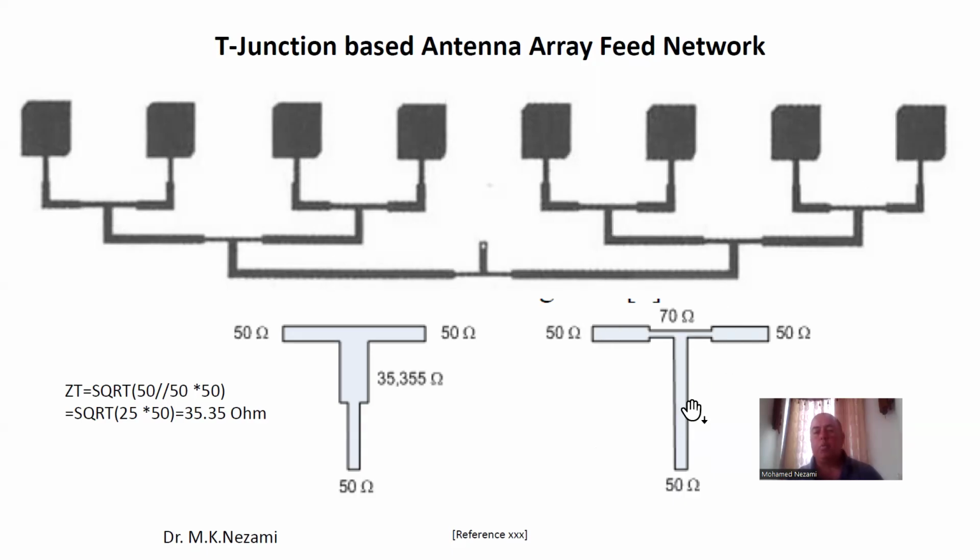So all you do is you build one, you start repeating that, except you might need to extend the length of these lines. That's why the feed array is not trivial.